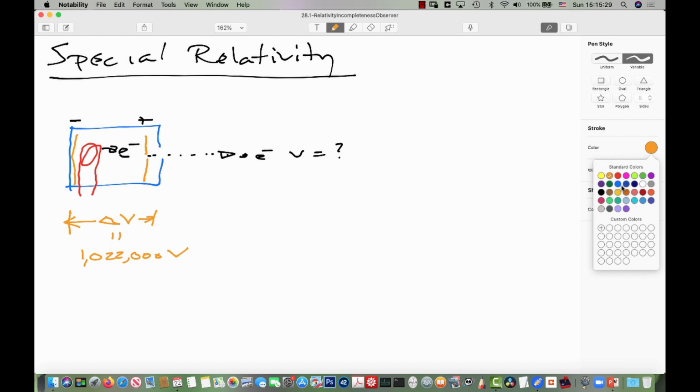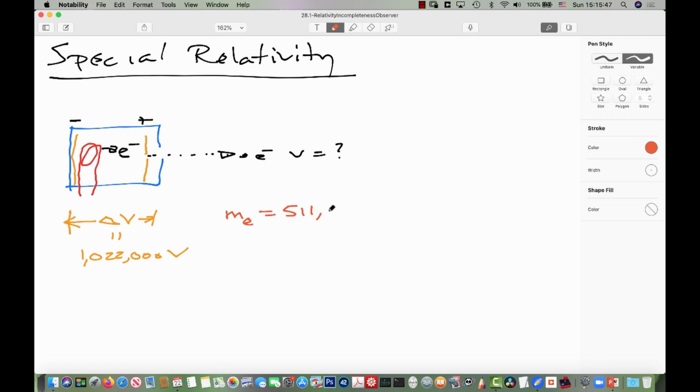And remember, when we introduced the electron volt, we found that we could express mass in these really funny units of eV per c squared. It'll be helpful to remember that the mass of the electron is 511,000 eV per c squared, where c is the speed of light. So I would want you to find v as some number times c. Go ahead and pause the video, work this out, and we'll get back together.